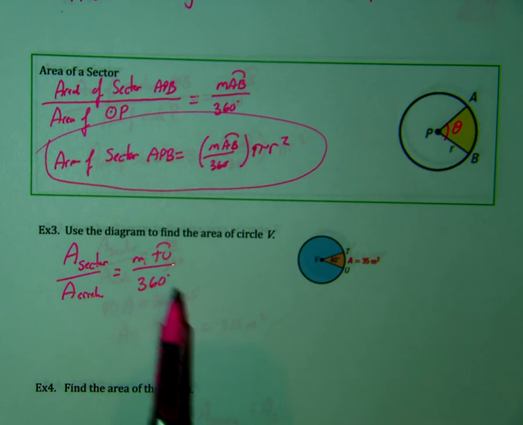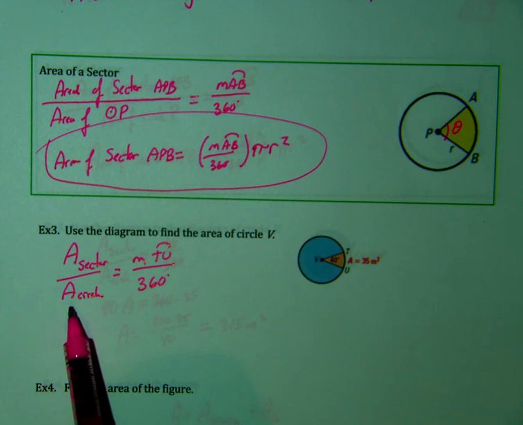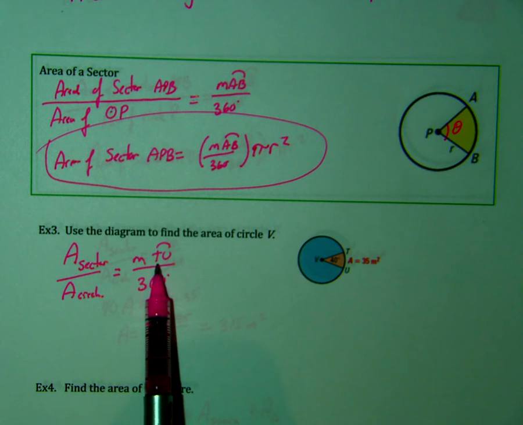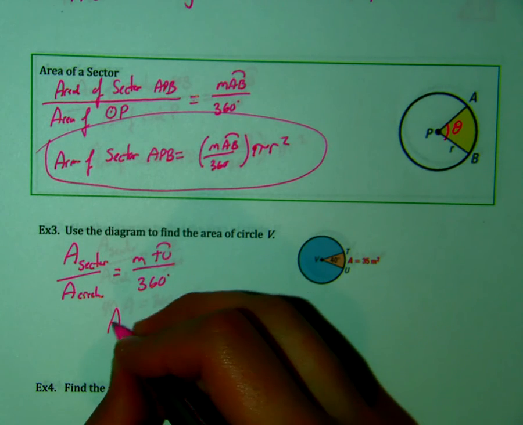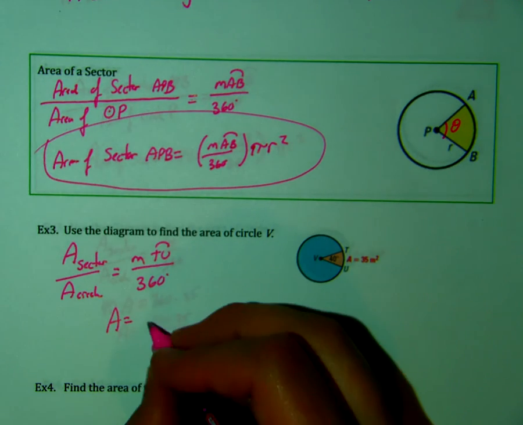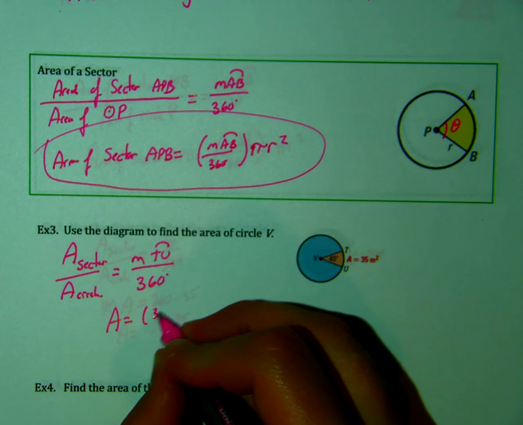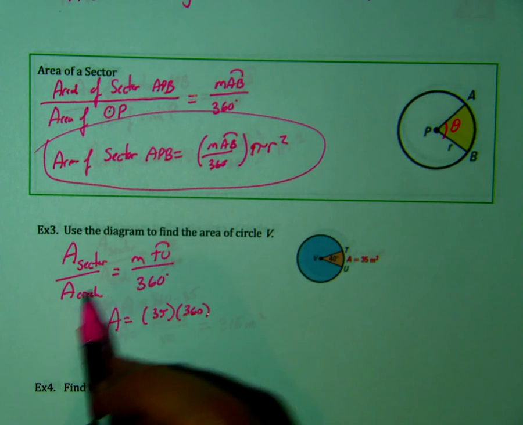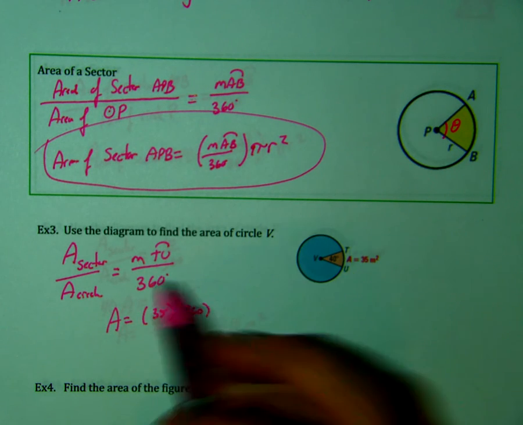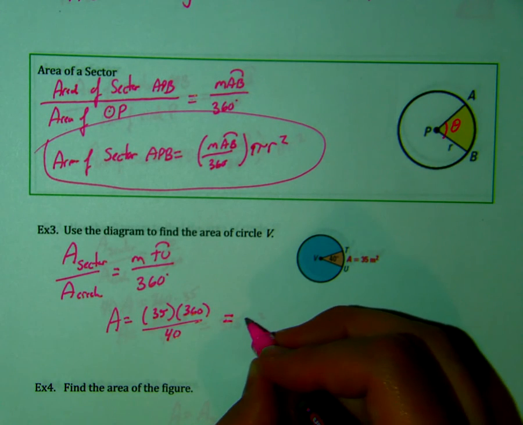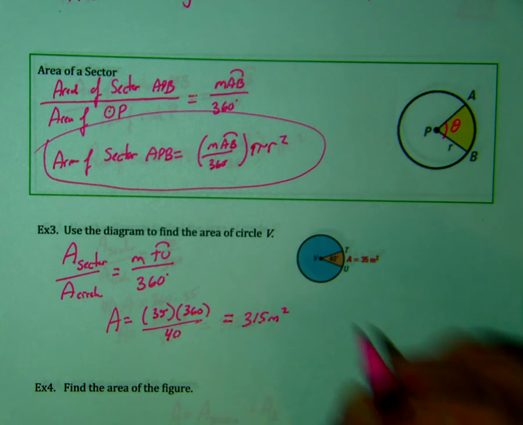So if I solve this for the area of the circle, if we do the cross products, it'll be this product divided by this measurement. So this area times that is equal to the area of the sector, which is 35 times 360, and then that's divided by the measurement of TU, which is 40 degrees. And this comes out to be 315 square meters.